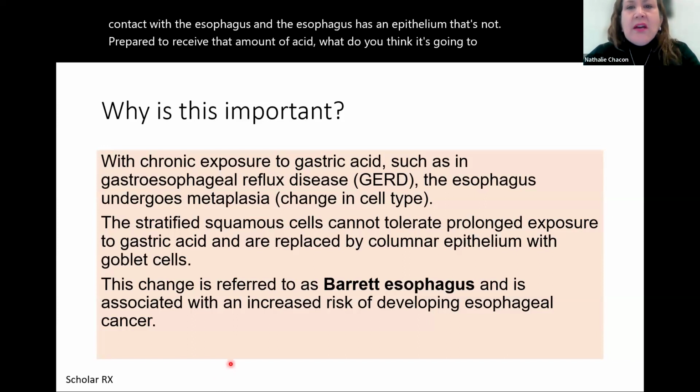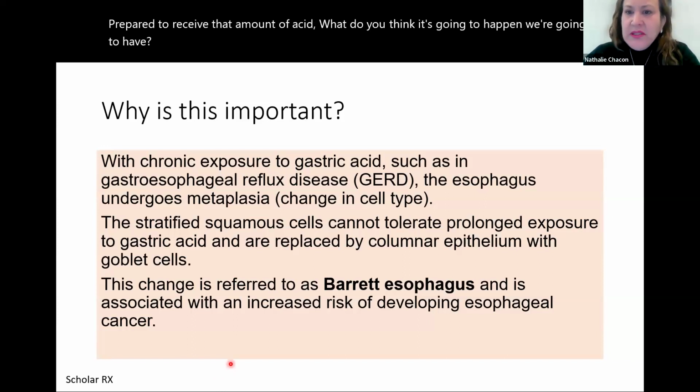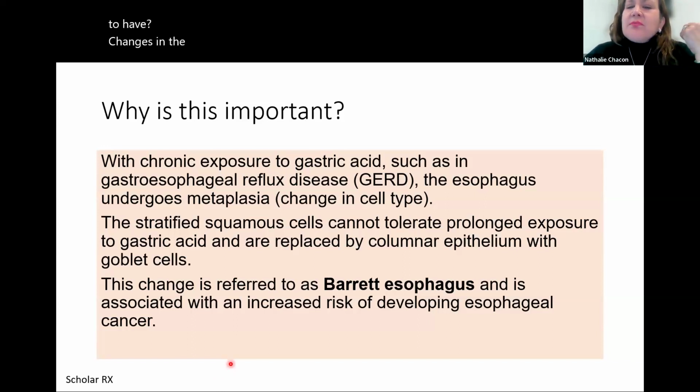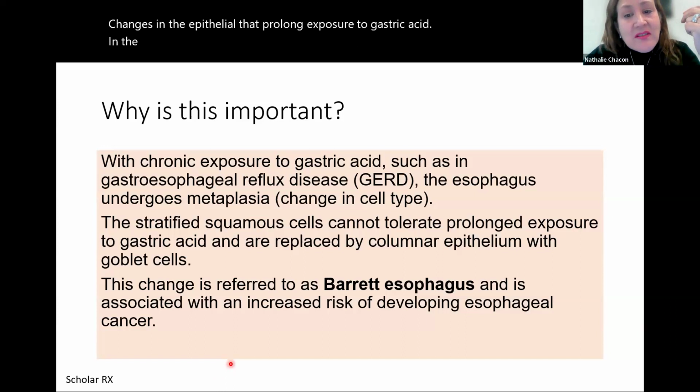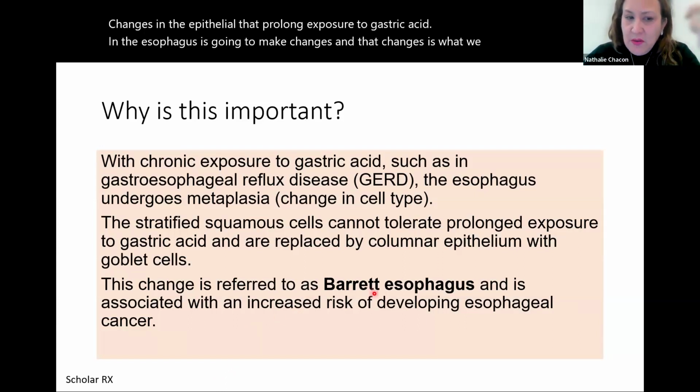We're going to have changes in the epithelium. That prolonged exposure to gastric acid in the esophagus is going to make changes. And those changes are what we call Barrett esophagus.